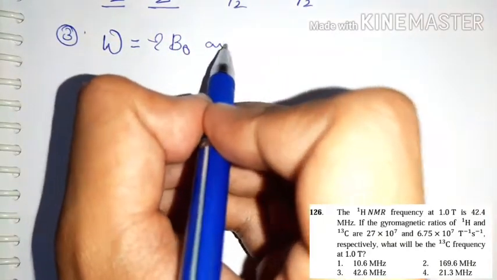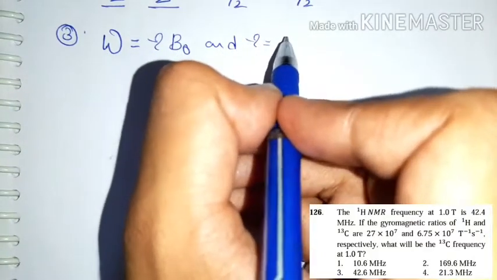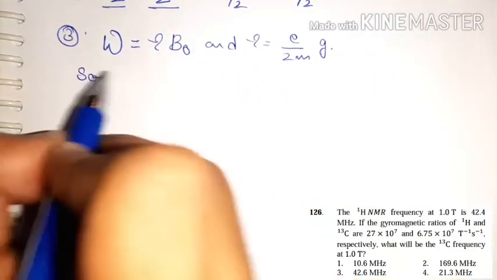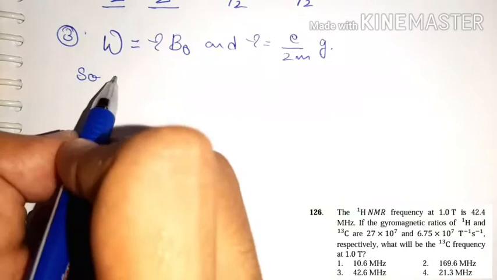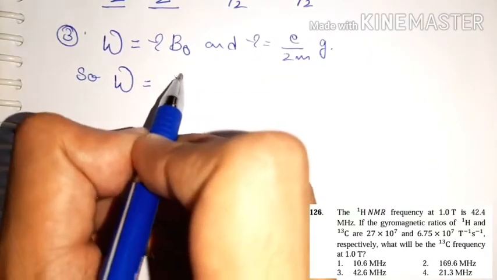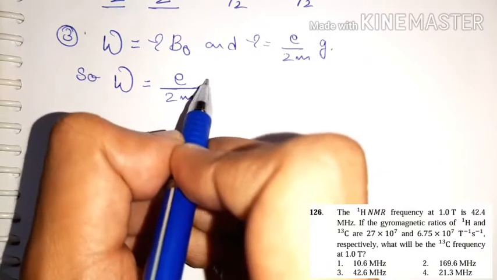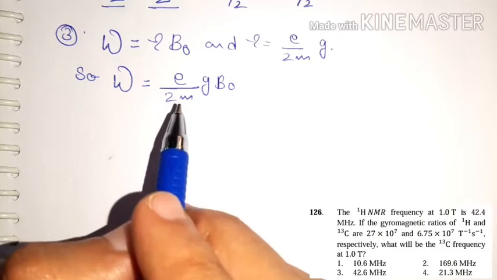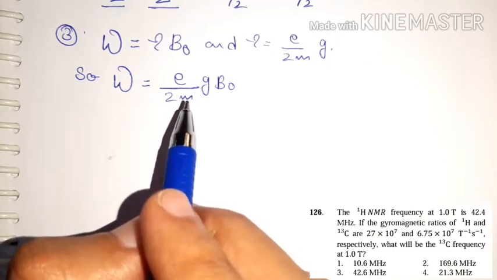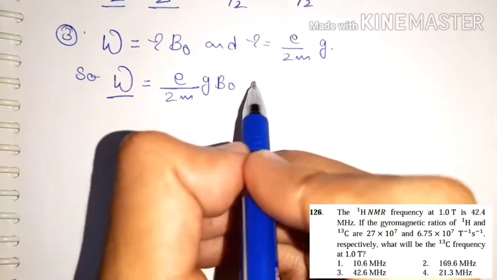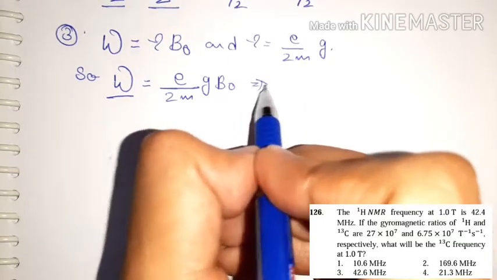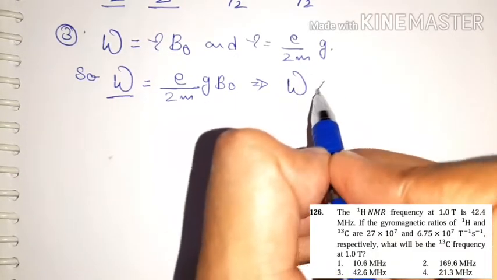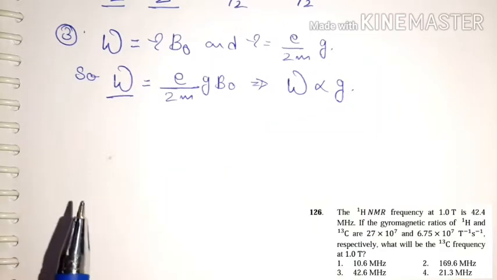And we know very well that gamma is equal to e by 2m into G. So from these two equations we get that frequency omega is equal to e by 2m into G into B naught, and here G is the gyromagnetic ratio of that particular atom, and omega is frequency. So from this relation we get the relationship between G, the gyromagnetic ratio, and frequency, that is, frequency is directly proportional to the gyromagnetic ratio of that atom.